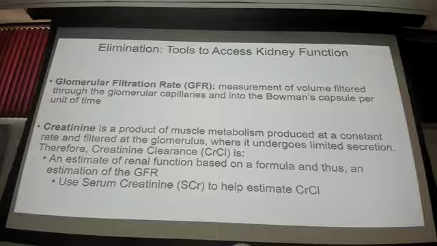So when we want to assess our kidney function, we will take the serum creatinine levels, and that helps us determine how well our kidneys are working. You guys will learn much more about this in Pharm 1. I believe there's an equation that goes along with this concept that you guys will spend some time to talk about, different drugs and how they affect creatinine clearance.